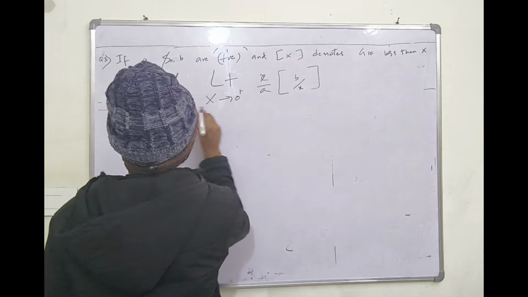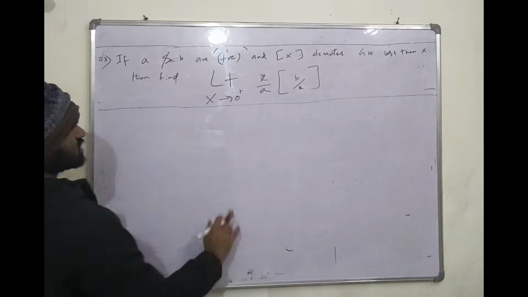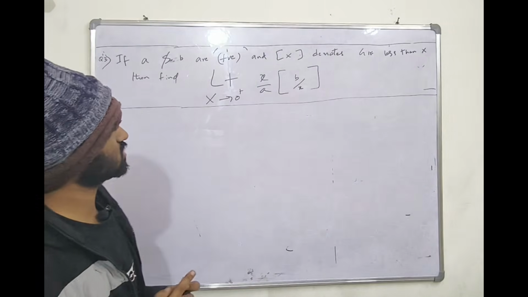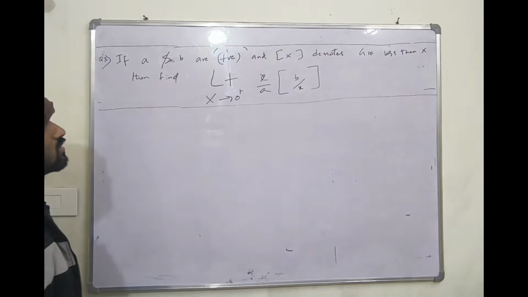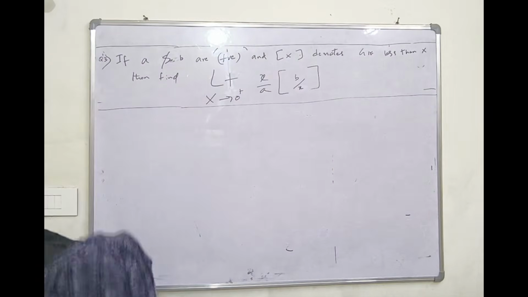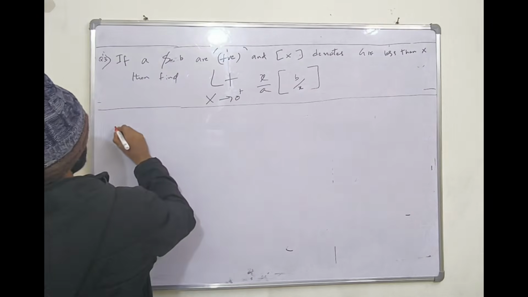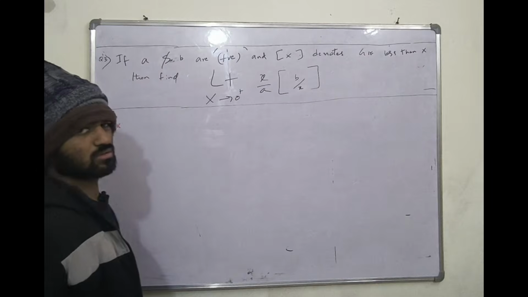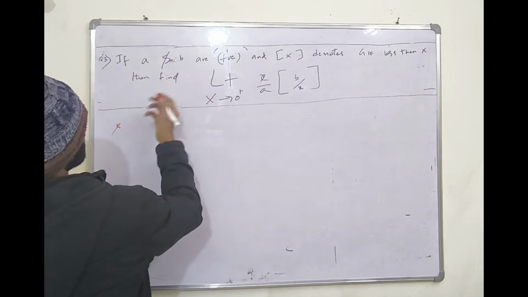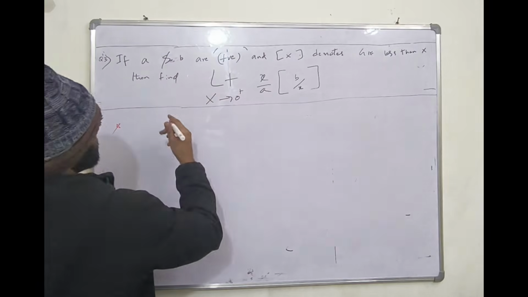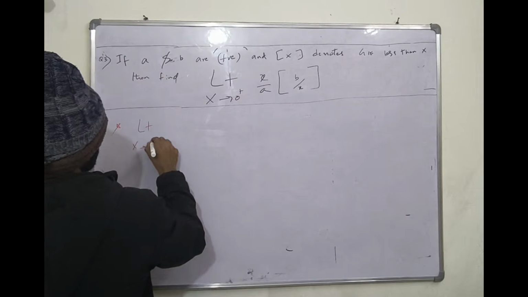So here this is the question. I will say where students make mistakes here, only possible mistakes. Here you should observe one thing. They ask directly for the right hand limit, so limit x tends to 0 plus.